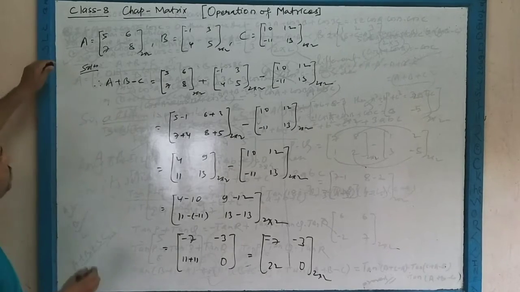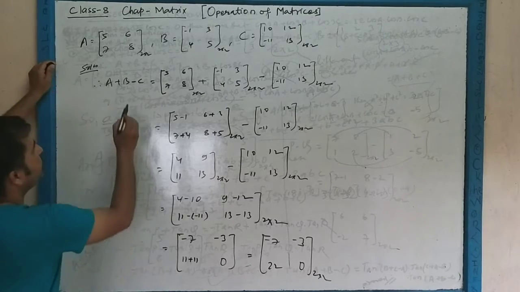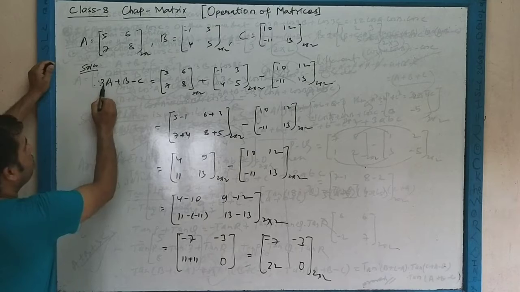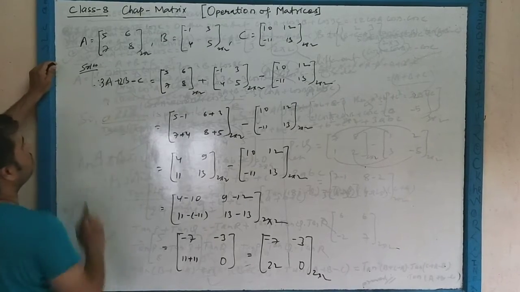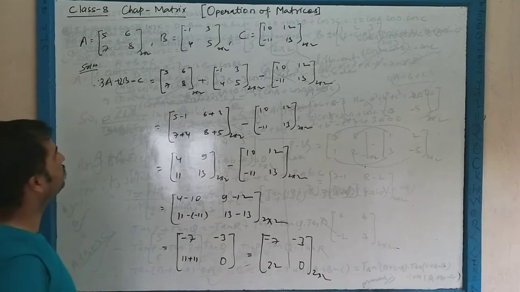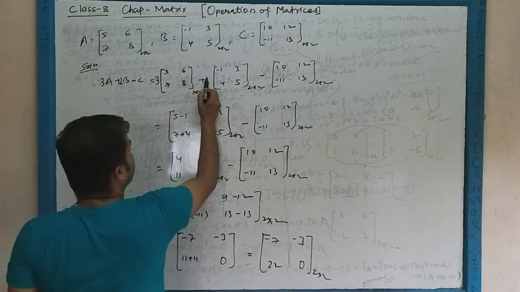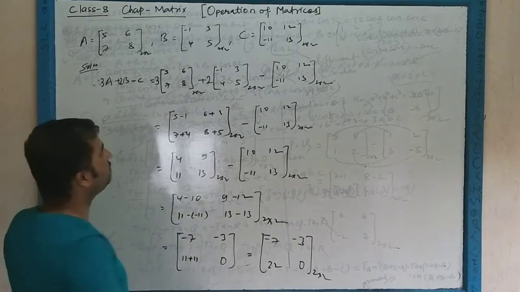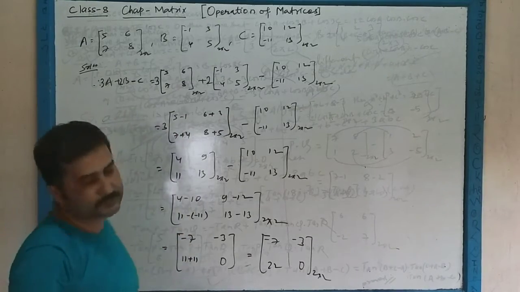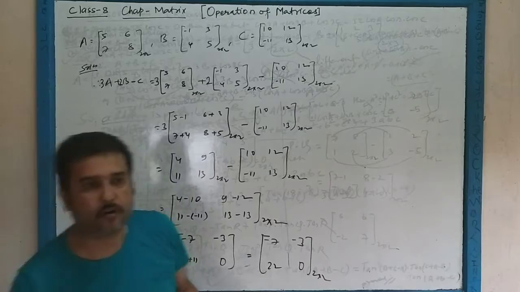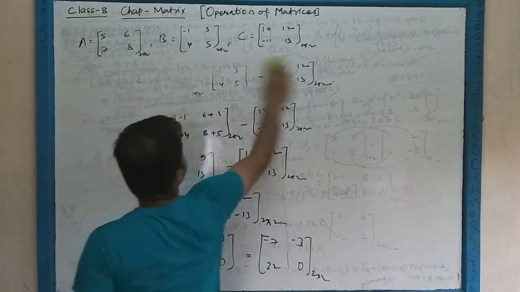So instead of giving this, they may give you 3A plus 2B minus C. So we multiply by 3, 3A here, 2B minus C. Okay, let's leave this because we have not learned the multiplication of matrices by a scalar. After studying that, we'll come back.